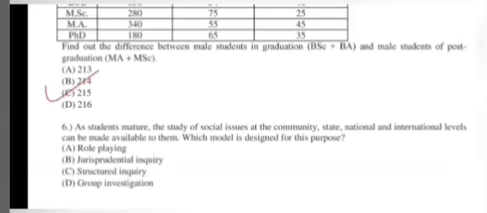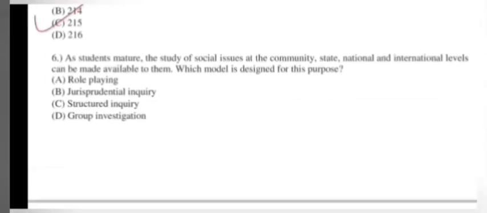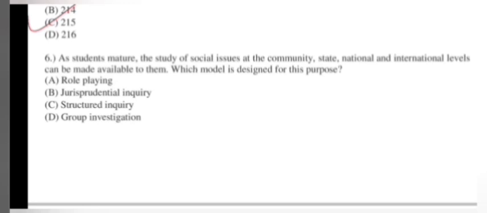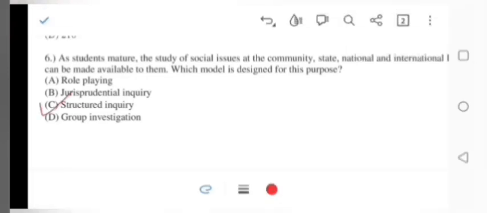Then next, number 6 is, as students mature, the study of social issues at the community, state, national and international levels can be made available to them. Which model is designed for this purpose? Role playing, jurisprudential inquiry, structured inquiry, group investigation. So it will be structured inquiry, number C.